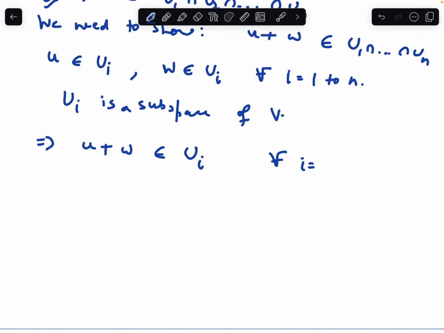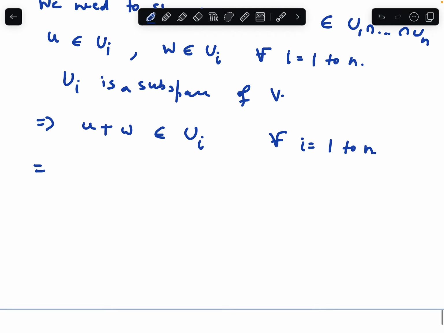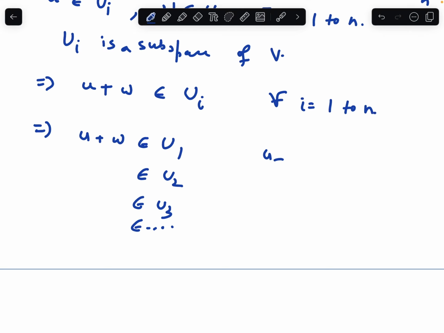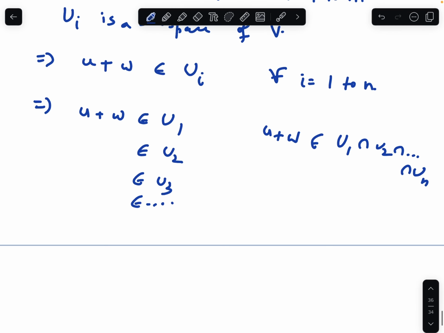I can be anything from 1 to N. It is true for all I. That means U plus W is inside U1. It is also inside U2, it is also inside U3, and so on. That means U plus W is inside the intersection as well. So closure holds. So we'll say that this intersection is closed under addition.